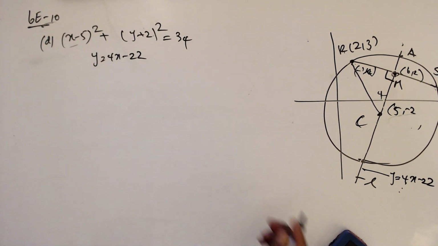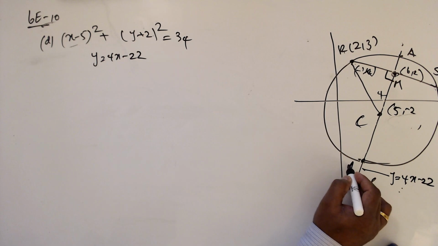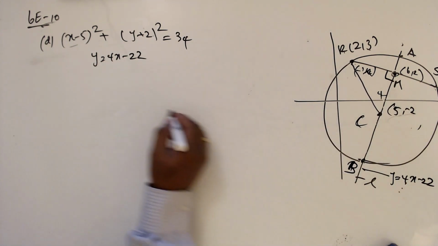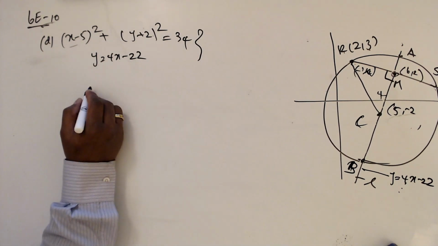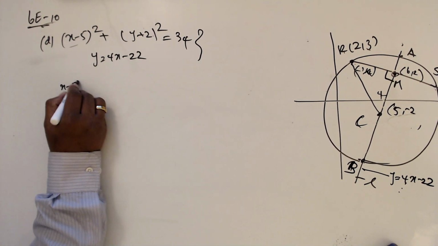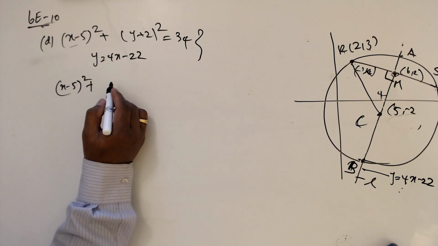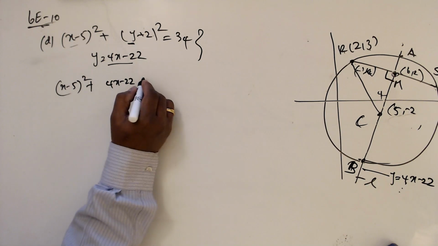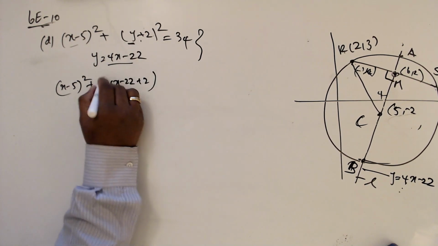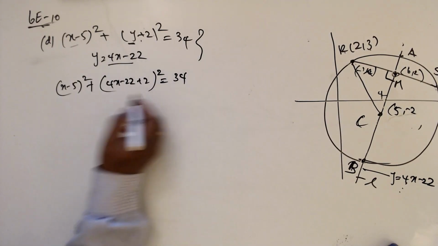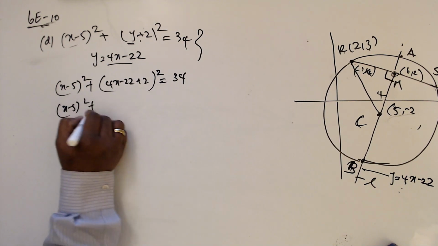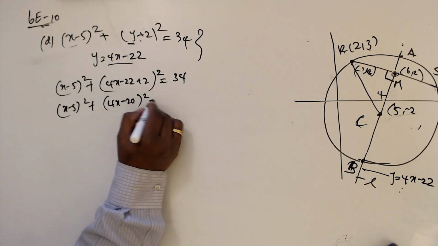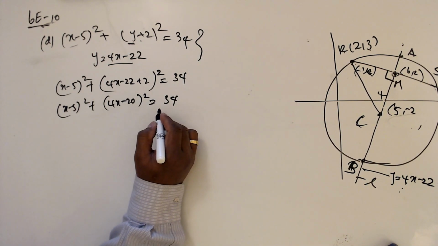Now we want to find the intersection point of the circle and the line. So we have to solve this one. So x minus 5 squared plus y, which is 4x minus 22, plus 2 squared equals 34. Then x minus 5 squared plus 4x minus 20 squared equals 34.